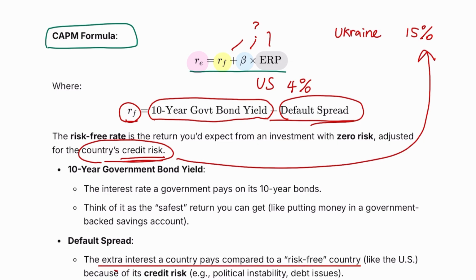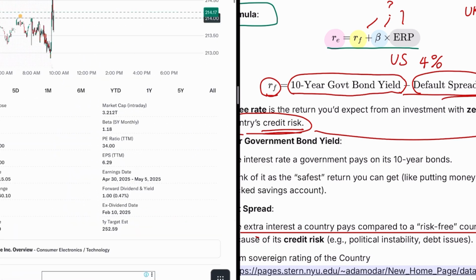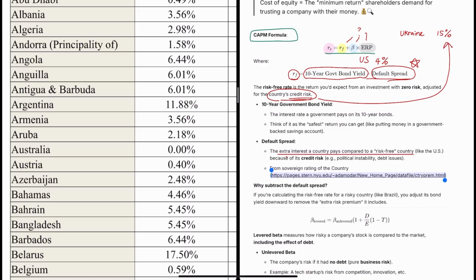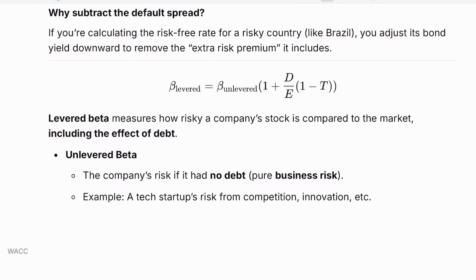And in order to find this default spread, we can use this website. This website is composed by a professor at NYU. It contains default spreads of different countries. So if there is a company running in Argentina, we have to subtract Argentina's default spread from its 10-year government bond yield.